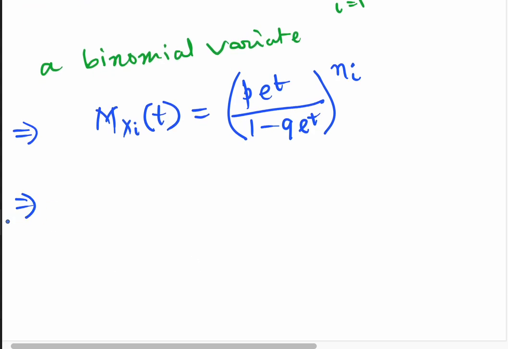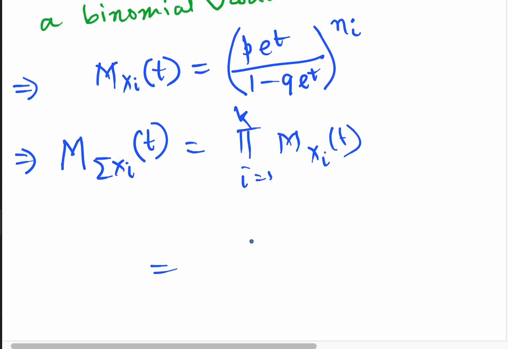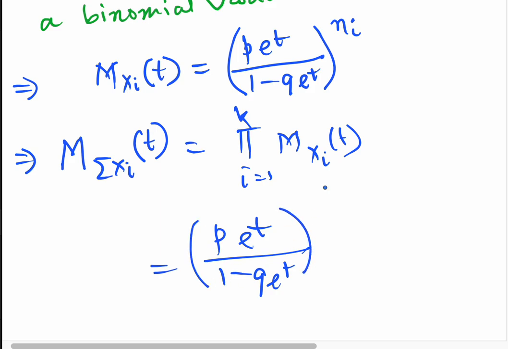Now since all are independent, the MGF of the summation of xi will be nothing but the product over i equal to 1 to k of the MGF of xi. So if we do this, we'll get (q + p e to the power t) to the power sigma ni.